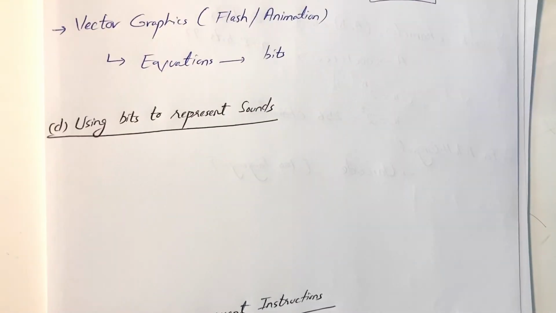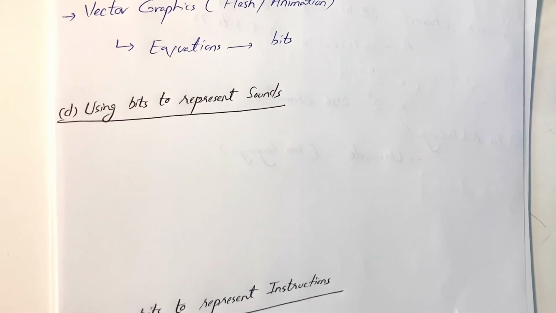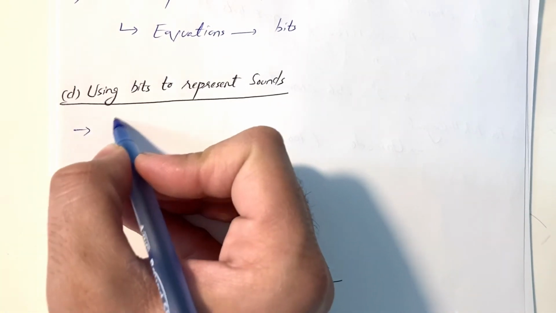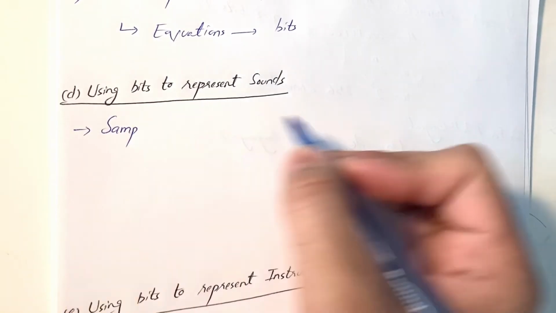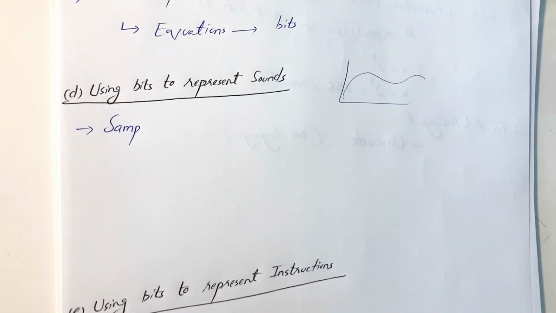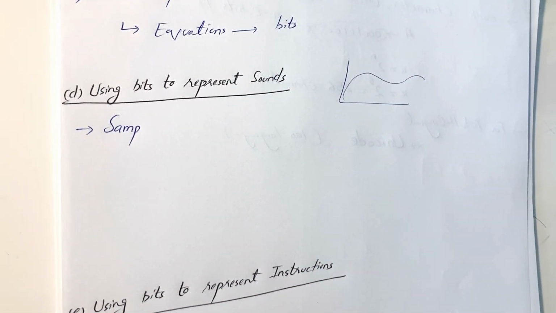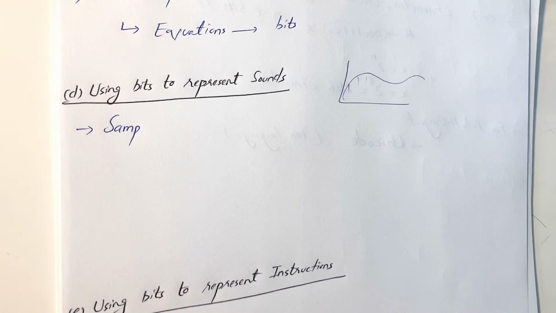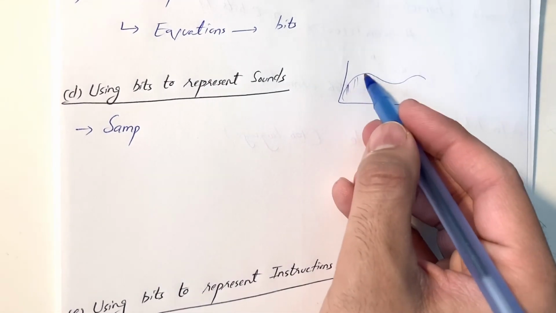Another type of data we want the computer to process is sound. Sounds are basically sampled. Typically, sound signals are continuous signals. As we discussed in the last class, in chapter 1 part 1, we cannot process continuous information. So we take samples of the continuous signal.